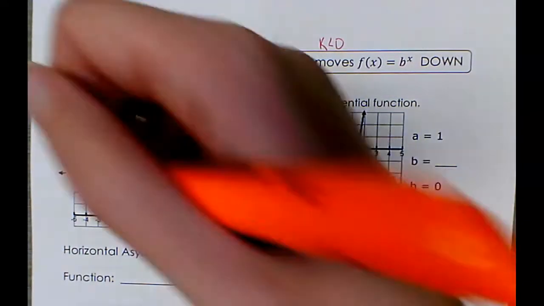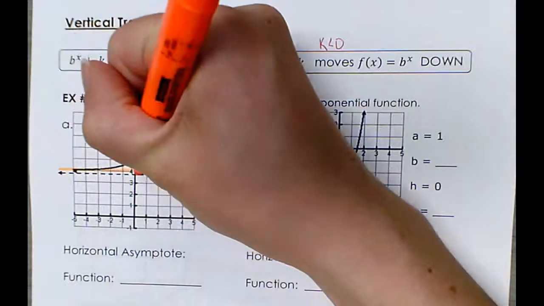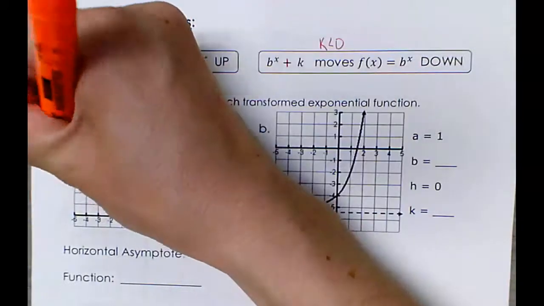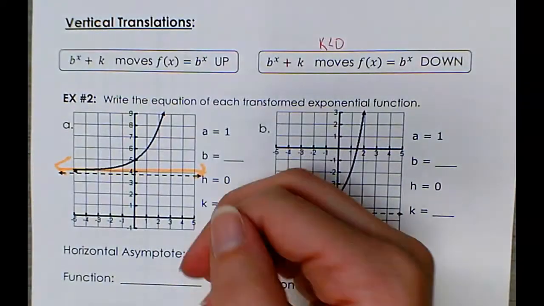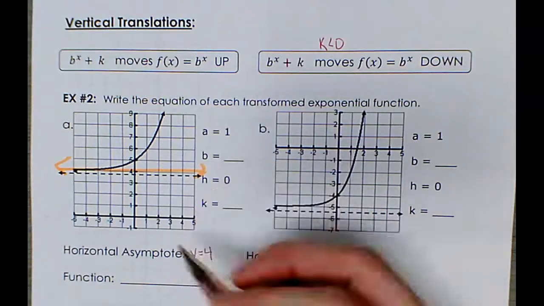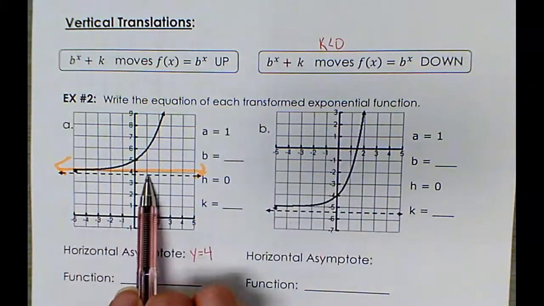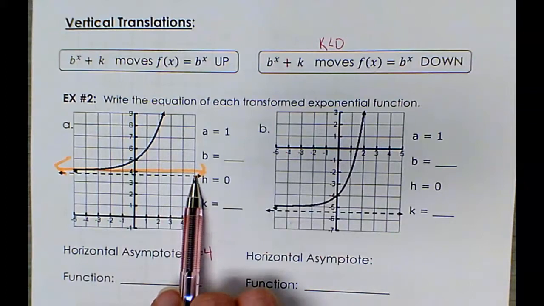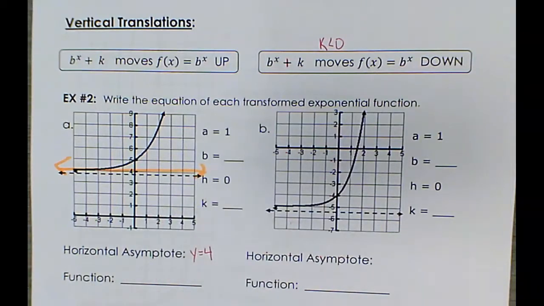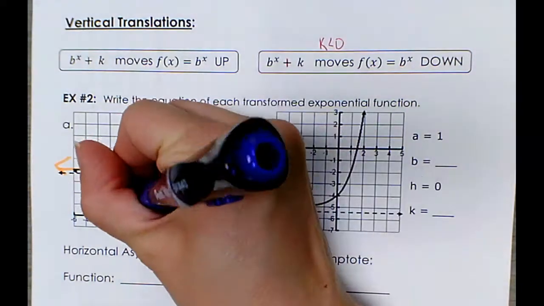So let's go find those pieces. Let's go find the horizontal asymptote. This time it's going through right here. That went through a y value of 4. So y equals 4. Notice that the dashed line underneath is a little under where the asymptote should be. That's just so that you can see it. It's really at y equals 4. I'm going to go find that point. So it should be here.